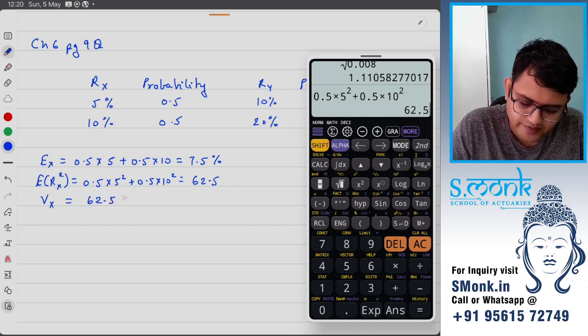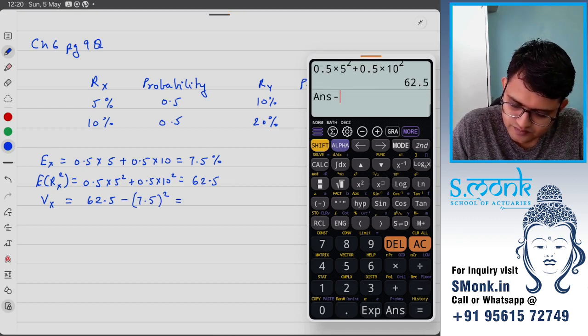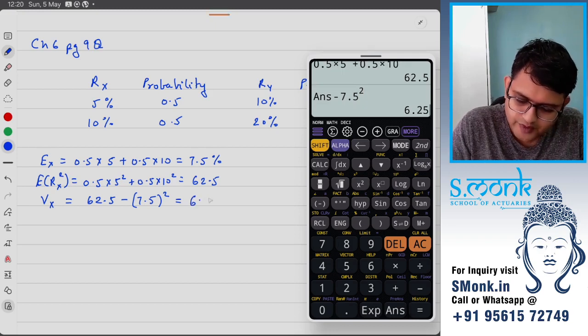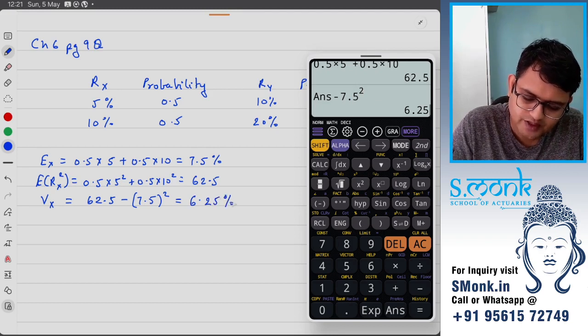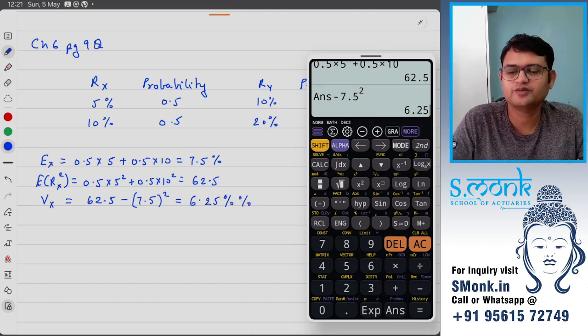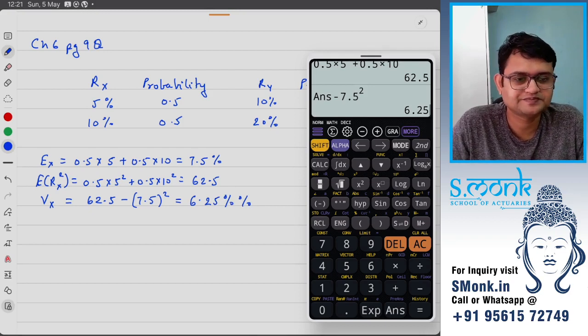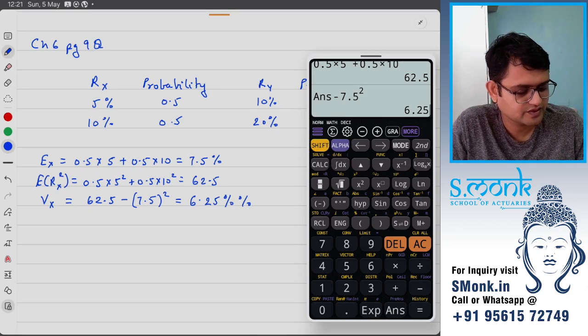Variance will be expected value of X square minus expected value of X whole square. Remember our expected value was in percentage, so our variance will be in percentage square, but we write it as percent.